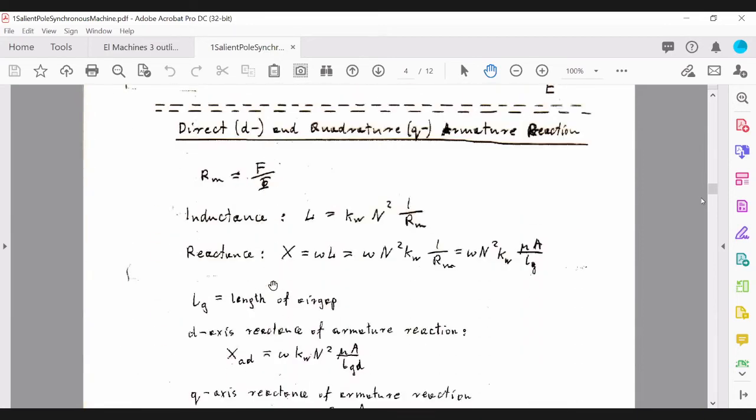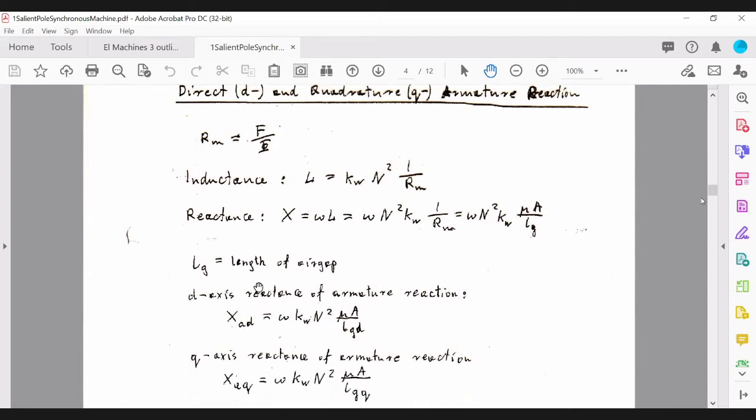When we look at the q-axis reactance and the d-axis reactance, just take note that the armature reaction in the d-axis is given by this formula.